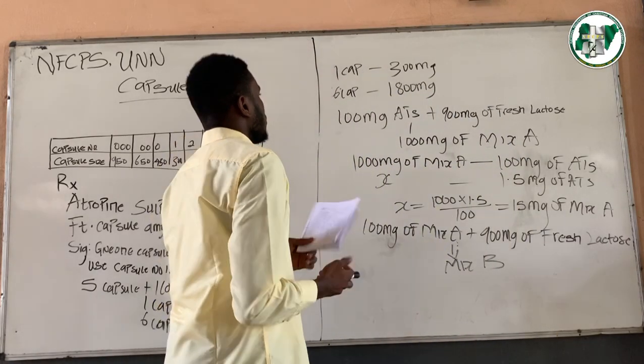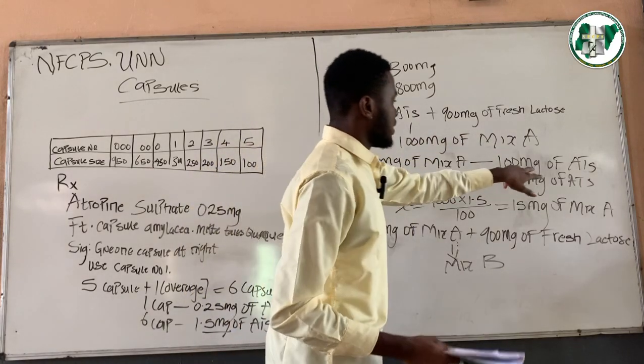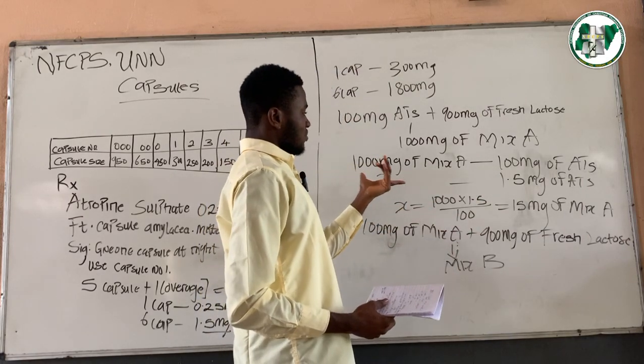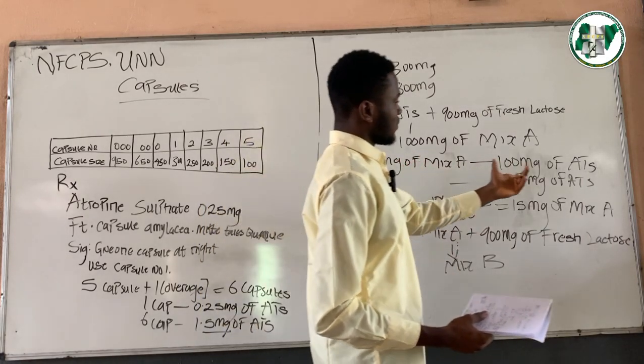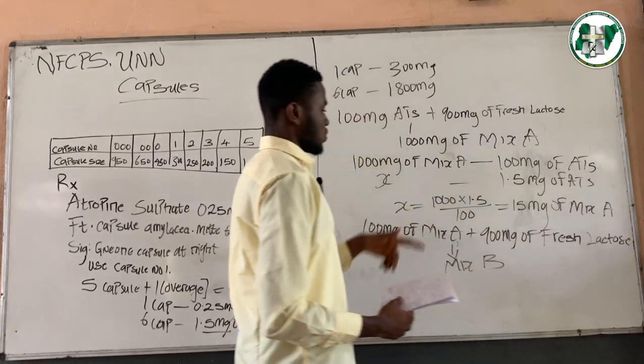Remember that when we had 100 milligram of ATS in 1000 milligram of mixture A, the ATS was 1/10 of the total mixture, right?